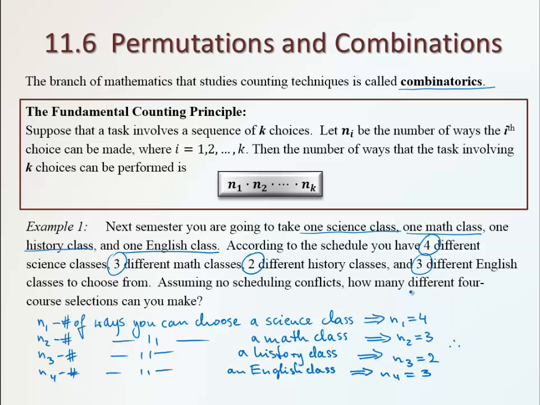Therefore, the number of different 4-course selections is the product of those n_i's from 1 to 4. So it's really 4 times 3 times 2 times 3. And when we calculate this, it becomes 8 times 9, so it's 72 course selections. So we have a lot of choices, 72 ways.